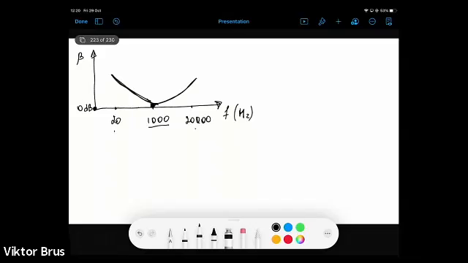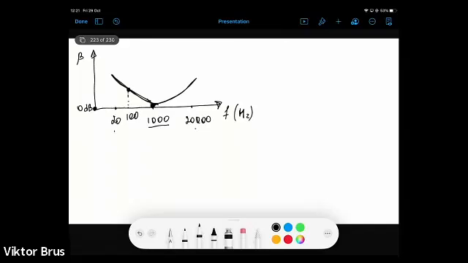And then in order to hear some frequency, let's say 100 hertz, we need an intensity of this sound way higher than the intensity at 1000 hertz. That is a feature of our ears.